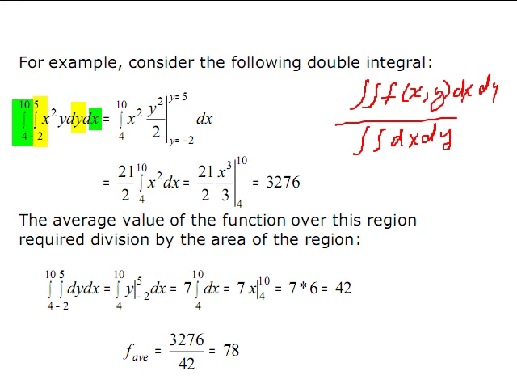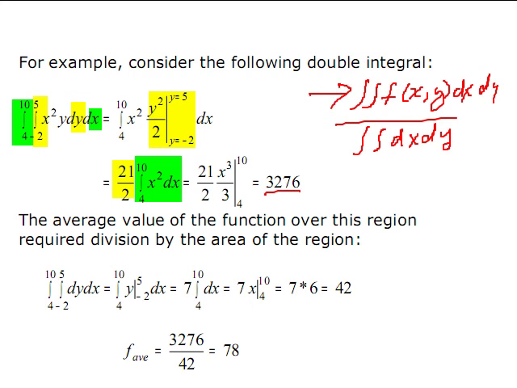So taking the inside integral first, that is the integral with respect to y, we have just a y, and by the power rule that becomes y squared over 2, evaluate it at its endpoints, and get 21 over 2, which I placed on the outside. Then we're left with the integral with respect to x, which can be evaluated. That becomes x cubed over 3. Evaluate that at its endpoints of 4 and 10, and we get this value for the integral of the function.